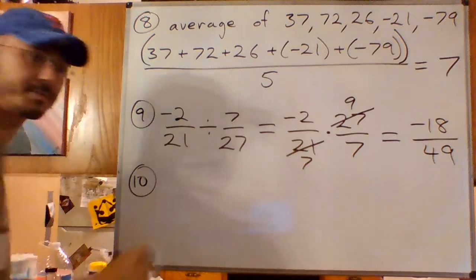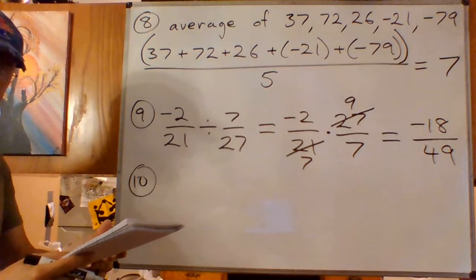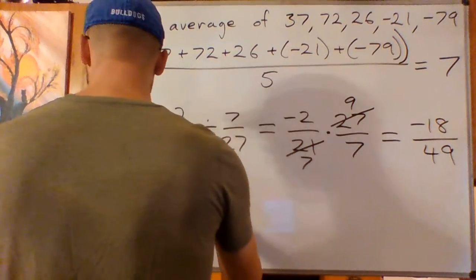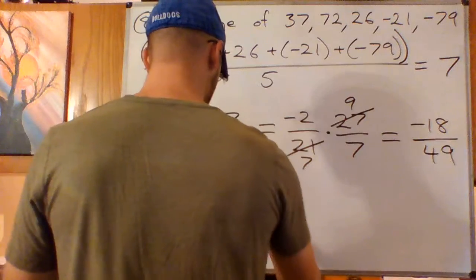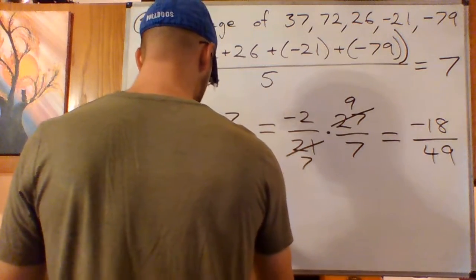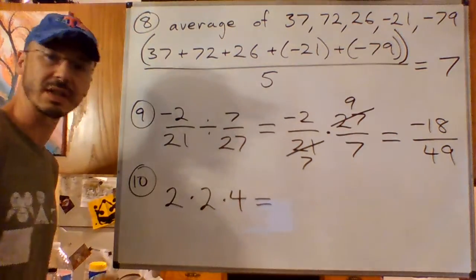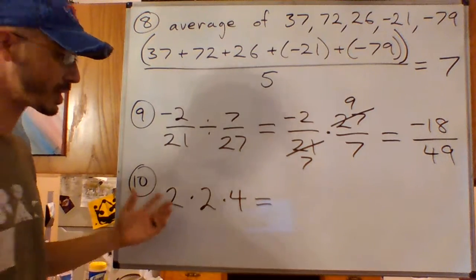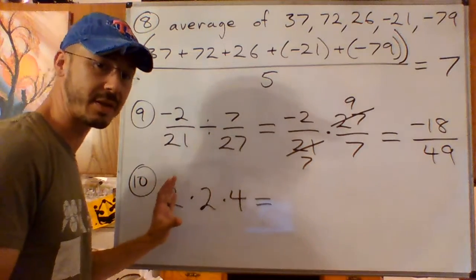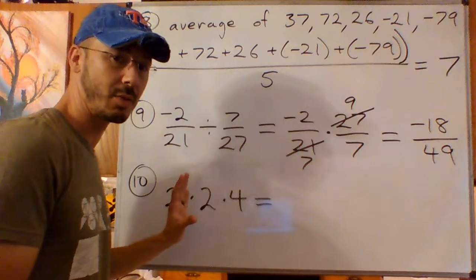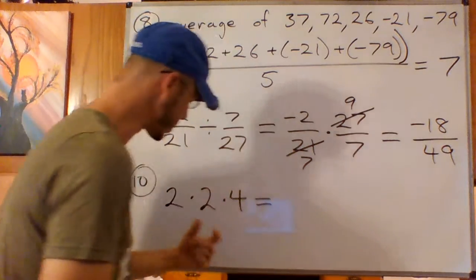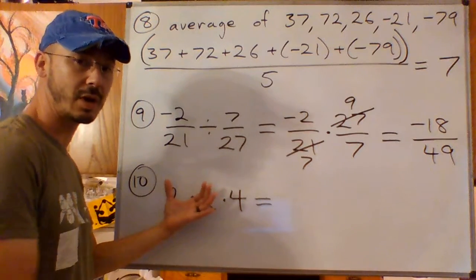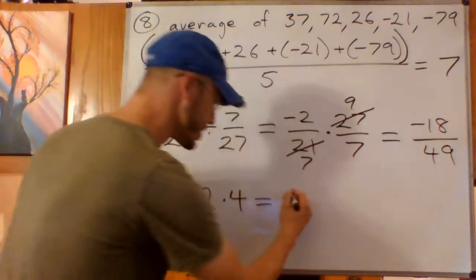For number 10, whole numbers again. 2 times 2 times 4. It's fine to do this in the calculator and it's quick too. But if you think about how we're doing our math, this is going to come up in a later section. We work from left to right. The first thing to do here is multiply 2 times 2. That result is 4. And then that 4 times this 4 is 16.